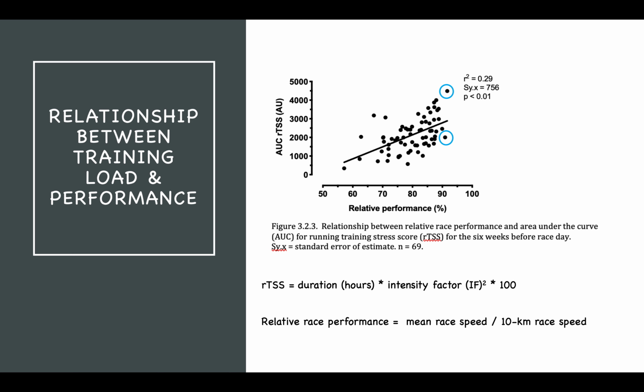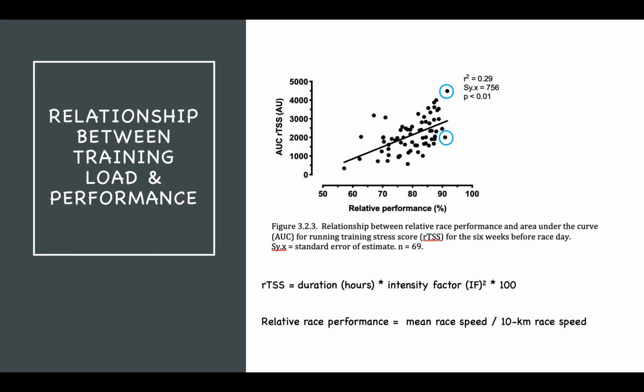To exemplify the variation in the data points, we're just going to take a look at the 2 data points that are circled in blue. The one on the bottom is a runner that had a very good relative race performance of about 90%, and their area under the curve RTSS value was about 2,000.